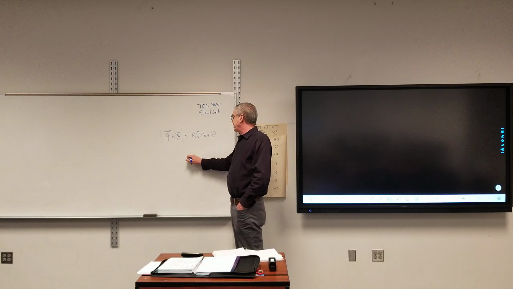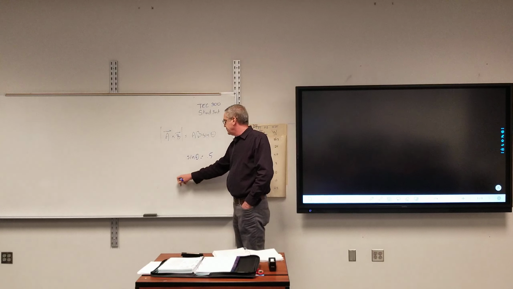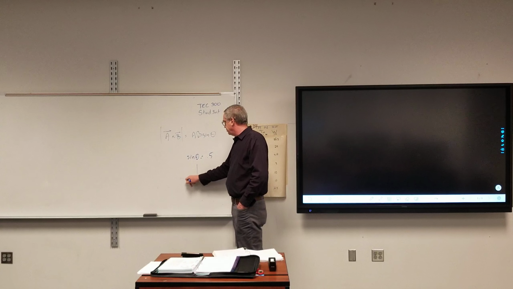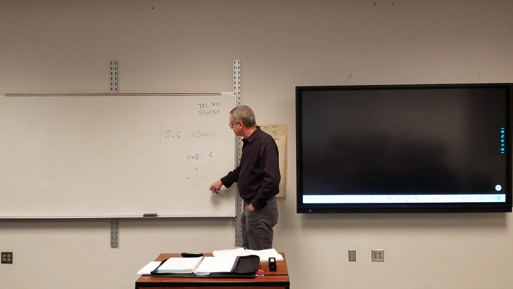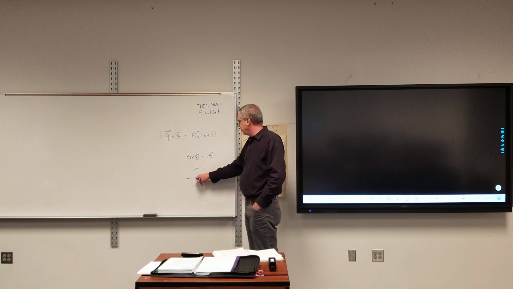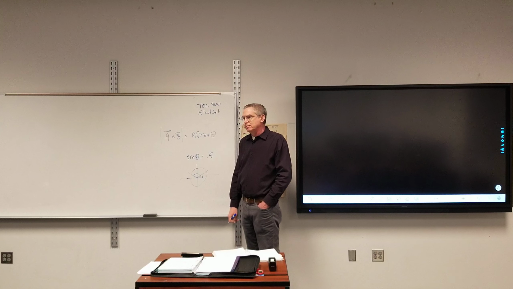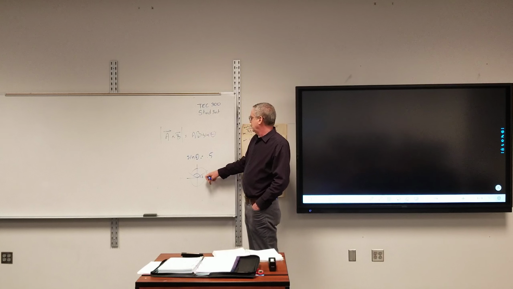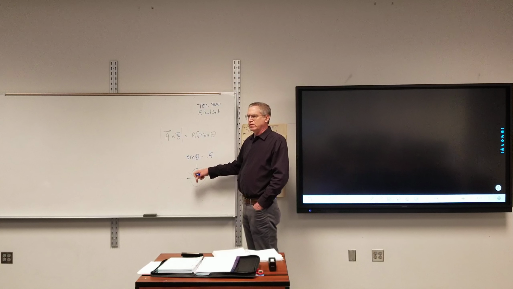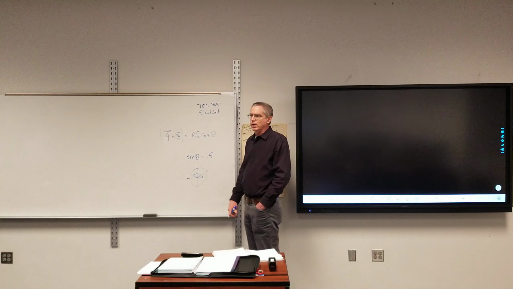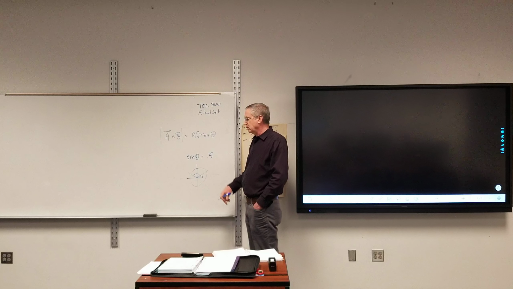So if I know that the sine of theta is equal to 0.5, well, if I bring up my unit circle, 0.5 would be that angle right there, or that angle right there. So it's going to be 30 degrees and 150 degrees. Both would give you the same sine value.